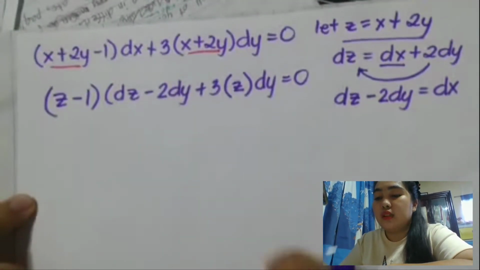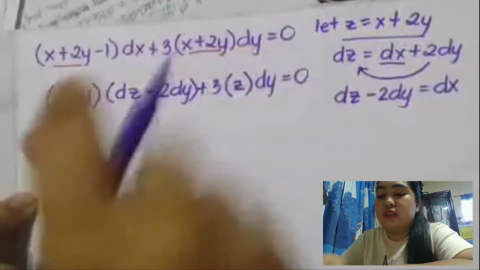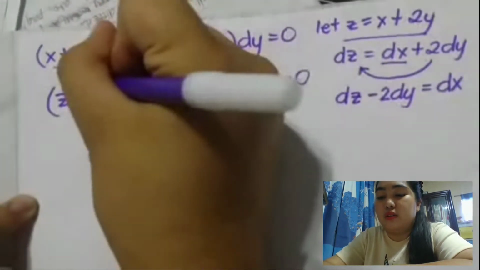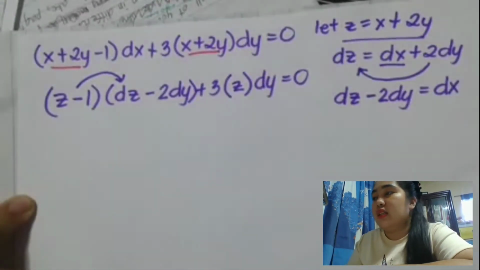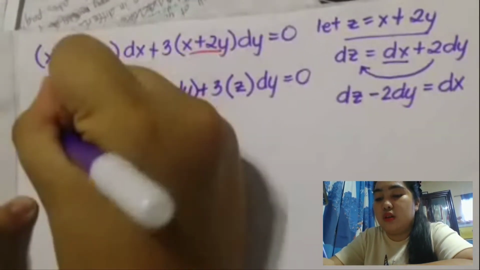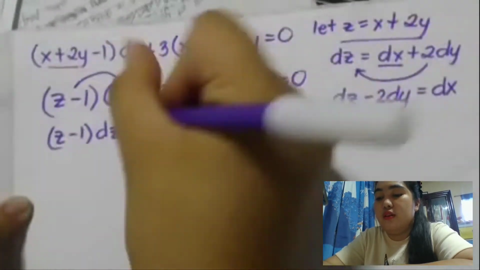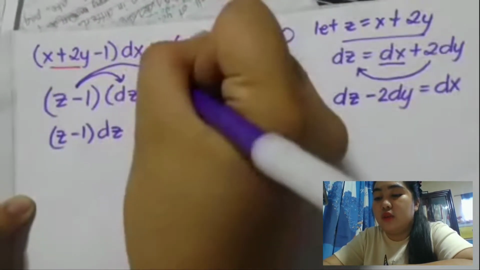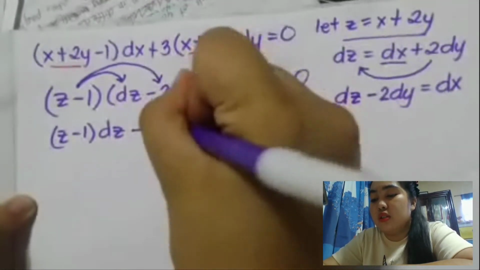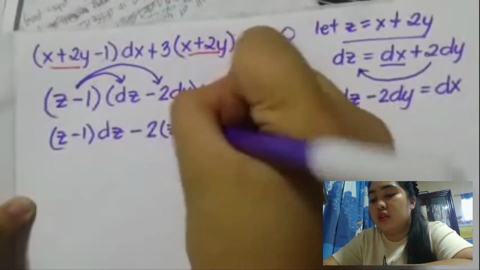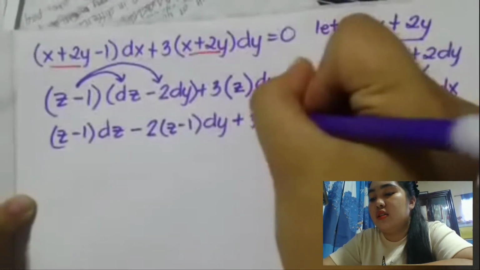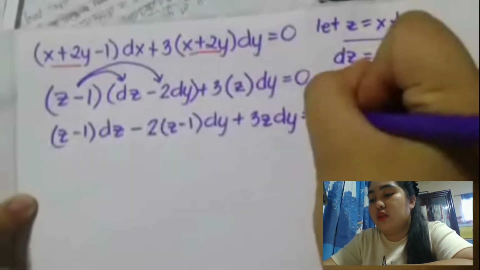Next is, distribute natin tong z - 1 dito sa dz - 2dy. So, dz times z - 1 is (z - 1) dz. Tapos, z - 1 times negative 2dy is -2(z - 1) dy, plus, copy lang sila, 3z dy is equal to 0.